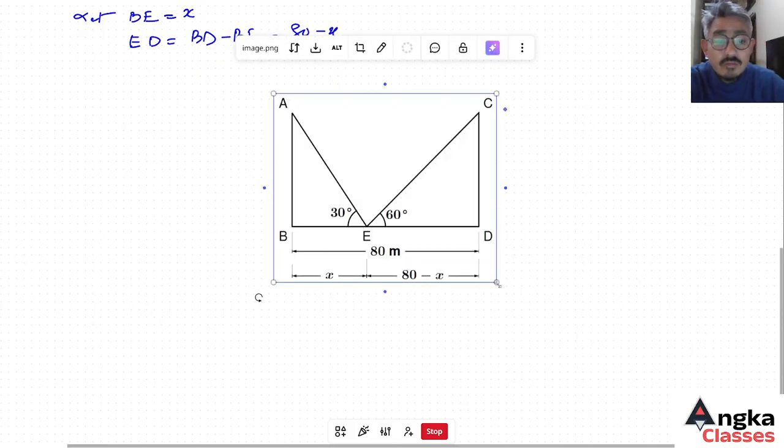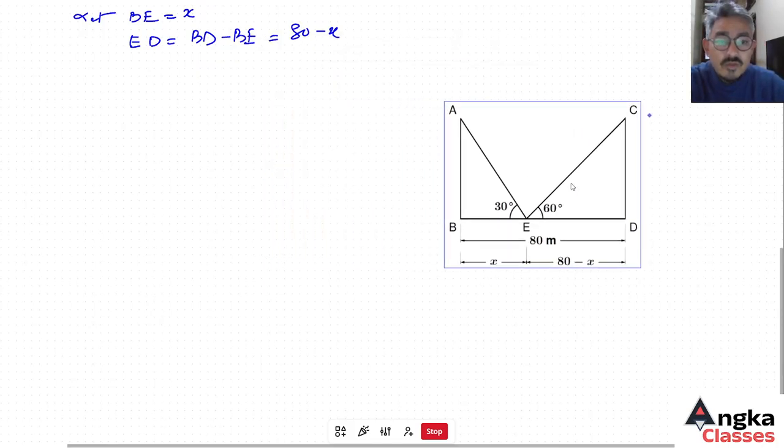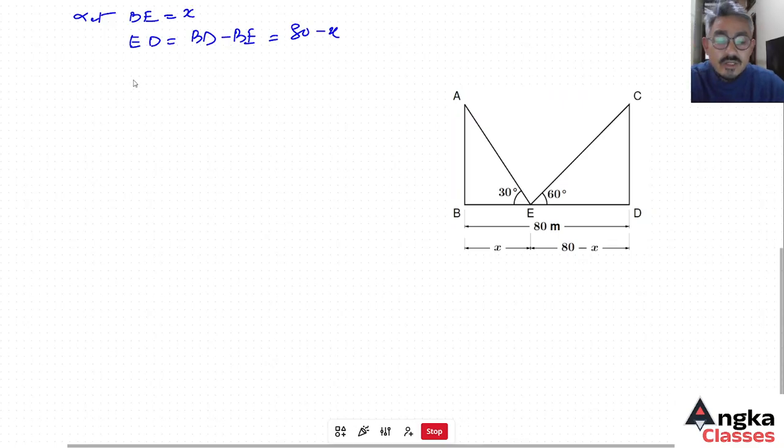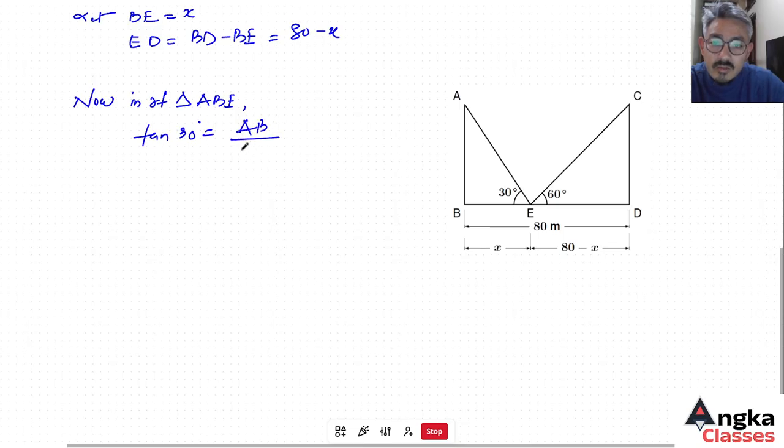First of all, I koina right triangle am lowersi. So now in right triangle A B E, tan of 30 degree is equal to perpendicular by base.